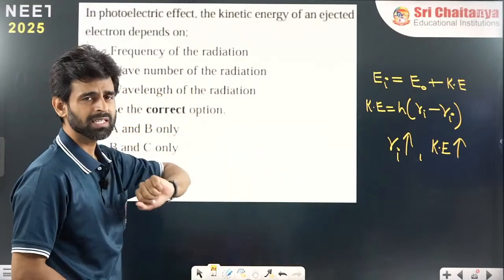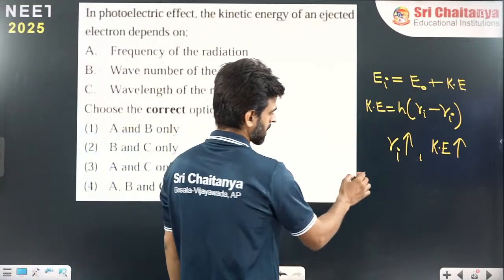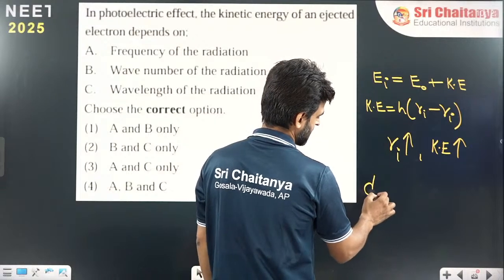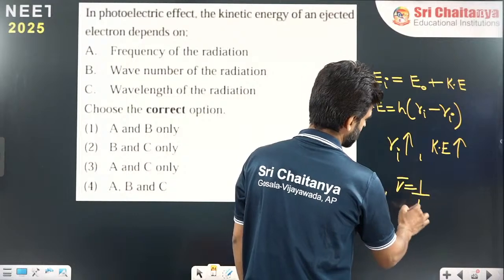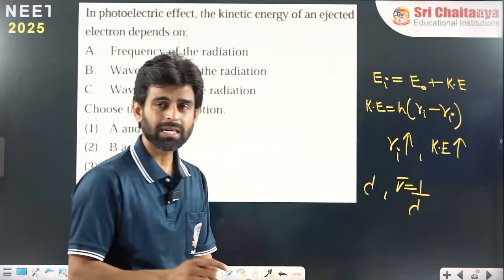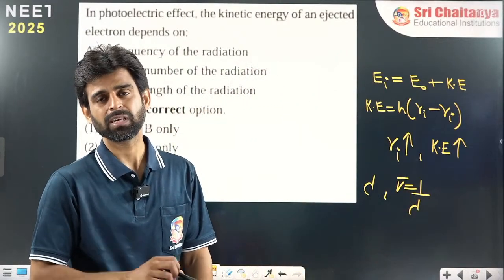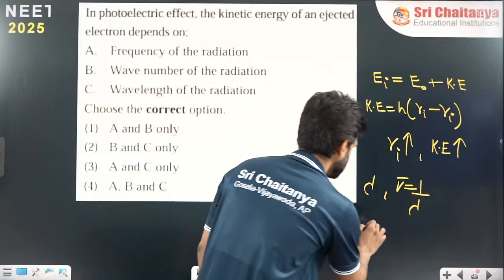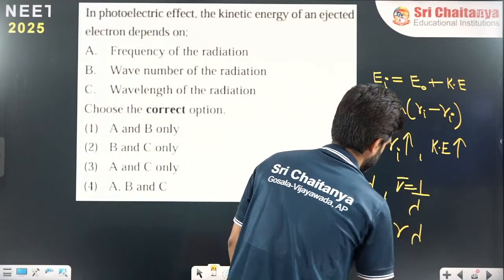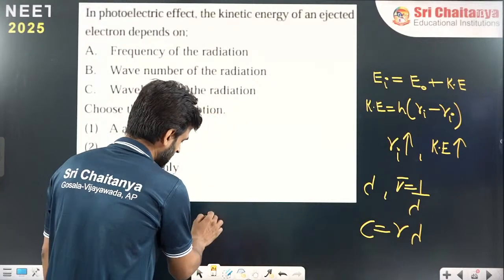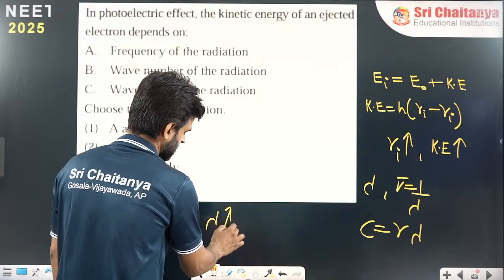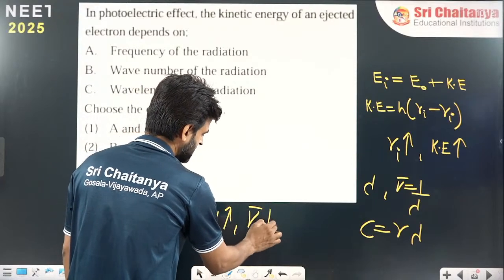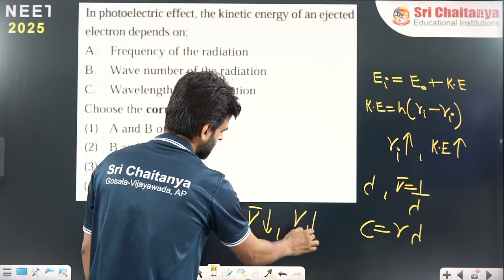Wave number of radiation, actually if you see, wavelength and wave number are connected. Wave number is 1 by lambda, and definitely lambda depends on what? Frequency. For electromagnetic radiation, what is the relation? c equals what? nu lambda, right? So if lambda is more, then wave number is less, as well as frequency is less.